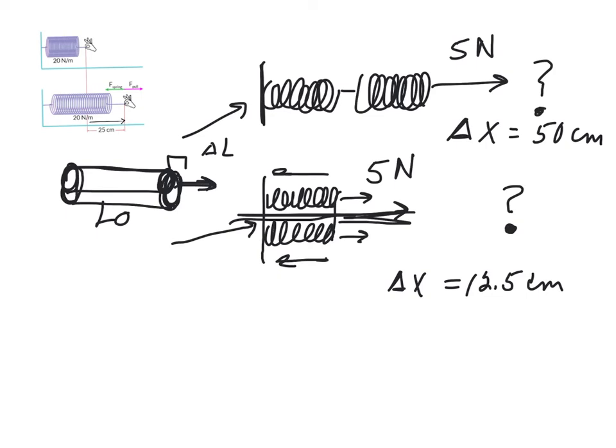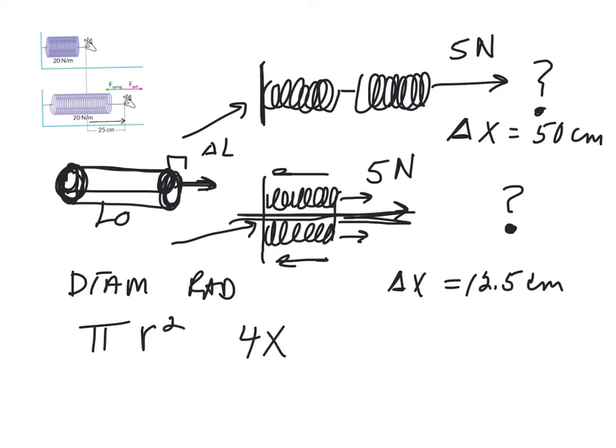And so if I take a wire and I double its diameter or radius, I actually quadruple, right? The cross-sectional area of the wire is going to be pi r squared. So if I double the thickness, I'm going to have 4 times. It would be like 4 springs.